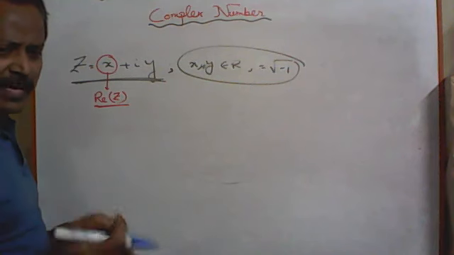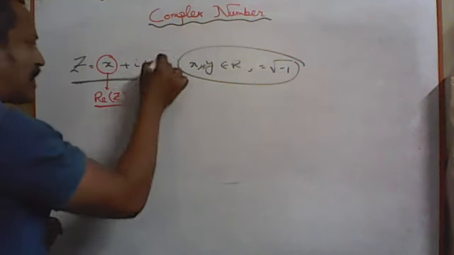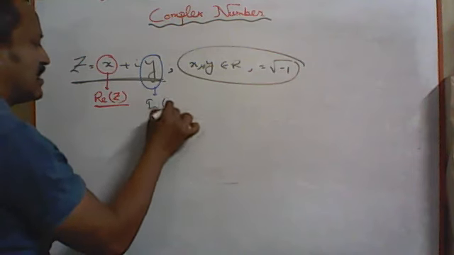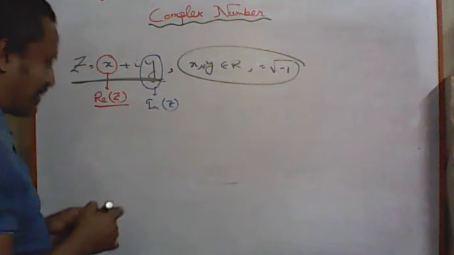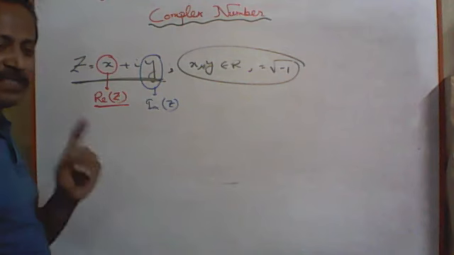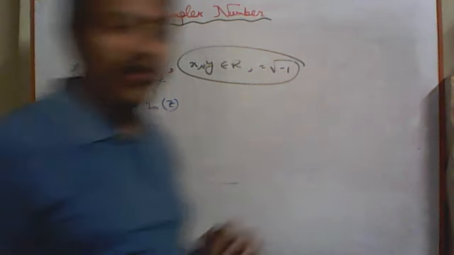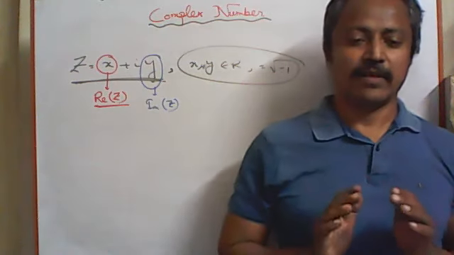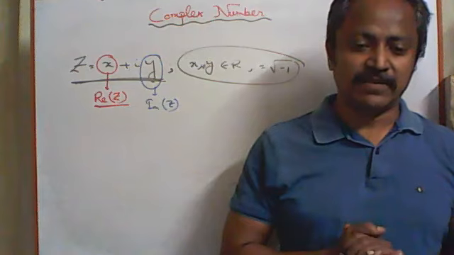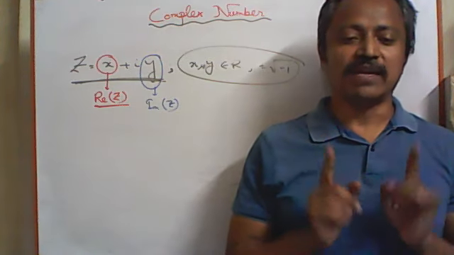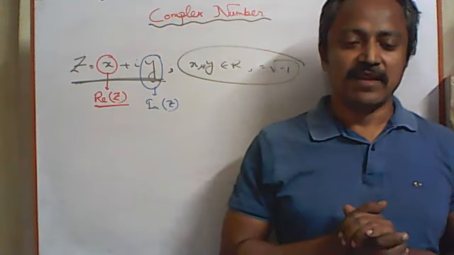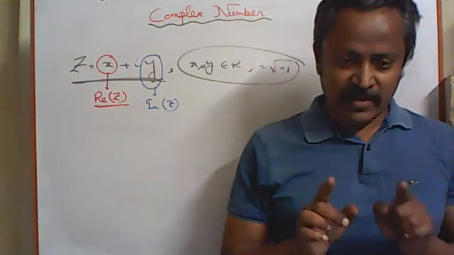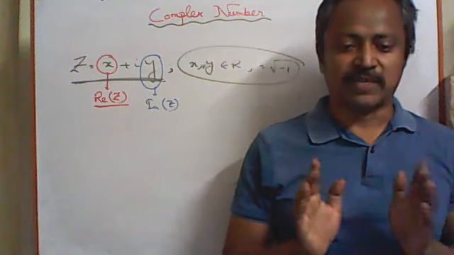The imaginary part is the real y, which itself is real, but being a multiplier to i, it is the imaginary part of z. So for the form of a complex number x plus iy, x is the real part of z and y is the imaginary part of z.